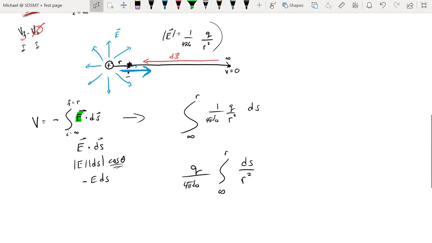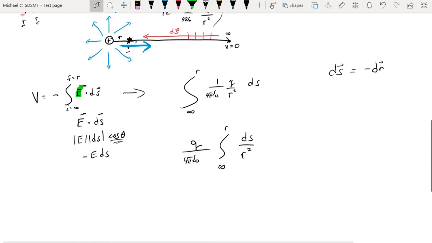And ds is not the same thing as r. The ds is traveling opposite the radial direction. And so that means that as we continue to move inward along each infinitesimal segment of ds, what we're really doing is we're moving backwards along the radial direction.